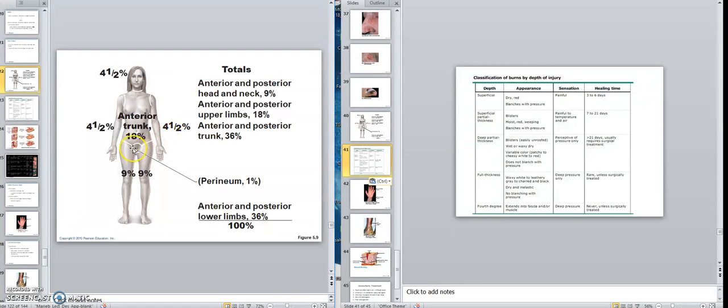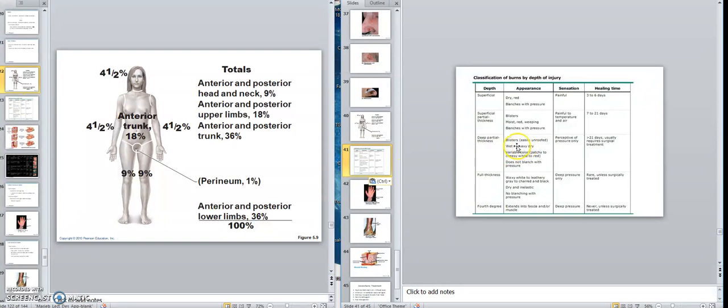So in other words, like the legs, 9% right there, 9%, okay? Anterior and posterior, okay? So everything is broken up into this percentage, and based upon this percentage, you would get an idea of what the extent, the surface area covered. Now that's one way of looking at it.